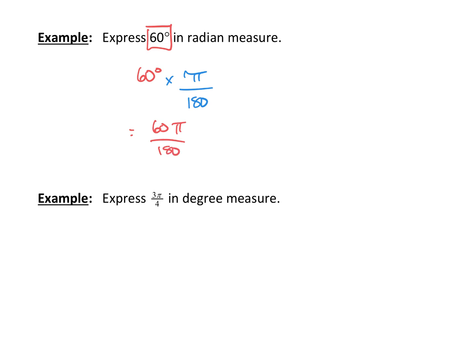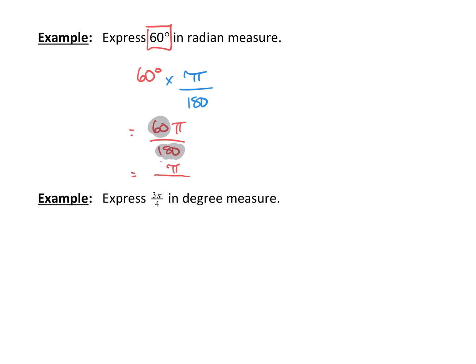Then we look at these numbers and ask, is there a number that goes into 60 and 180? Because we're going to try and reduce this fraction. 60 goes into itself once, and it goes into 180 three times.